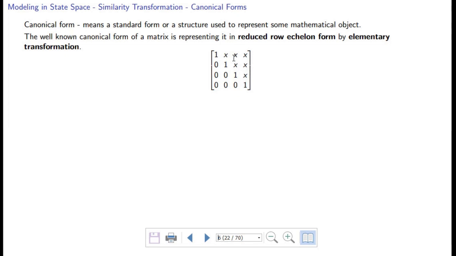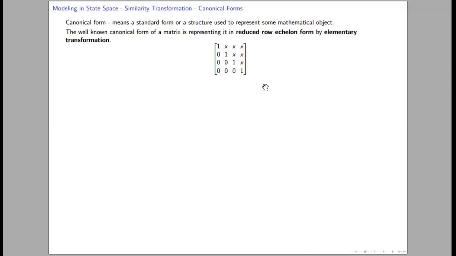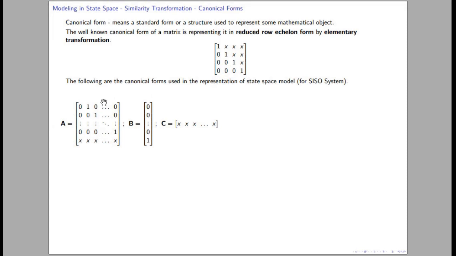That is a standard form, which you usually obtain using elementary operations on rows and columns. Similarly, in matrix theory, we have some other canonical forms also. The canonical forms I am going to explain here are only applicable for SISO systems, that is, single input, single output systems.